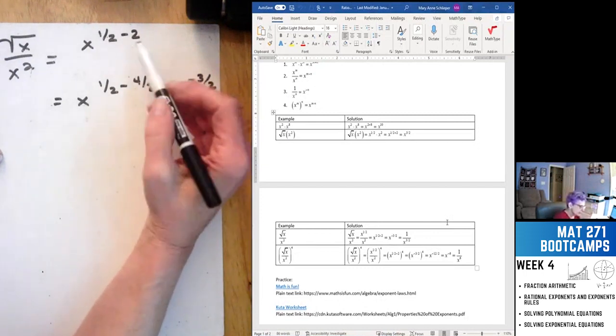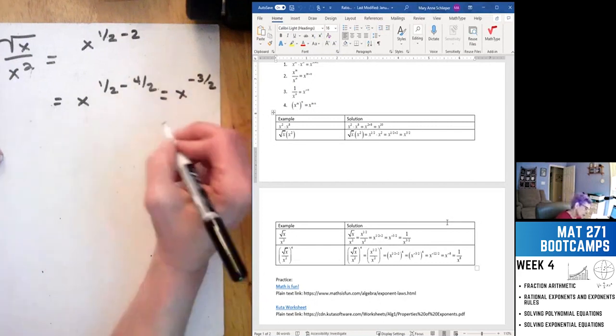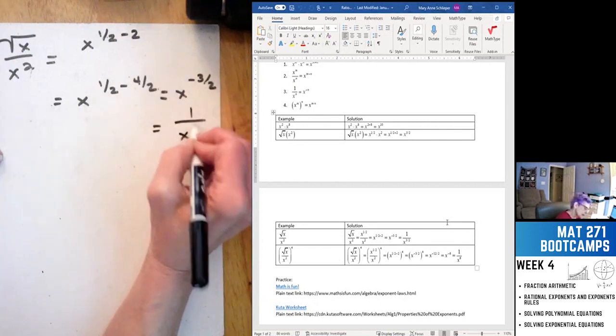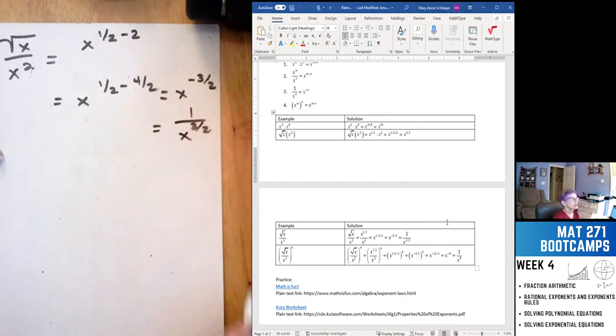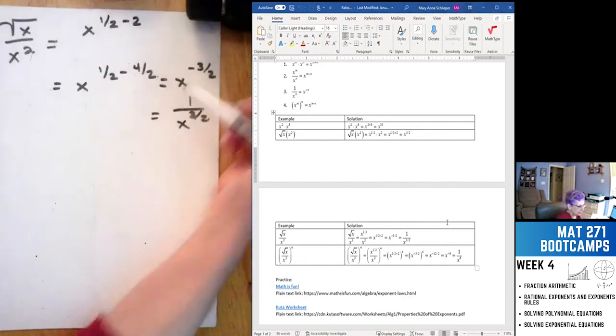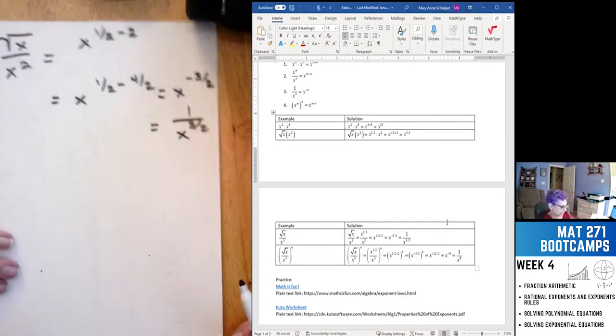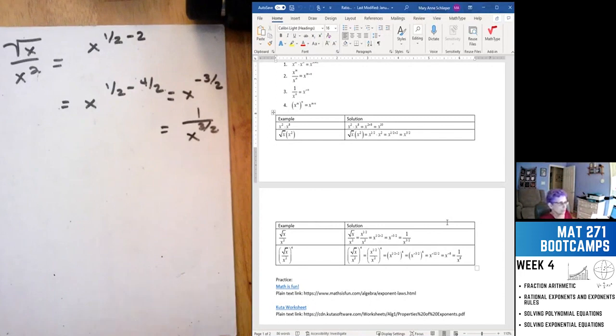Same denominator, 2 is 4/2. And you could rewrite it as 1/x to the 3/2 power. Either one of those is considered correct. So far, so good? Yes. Okay.